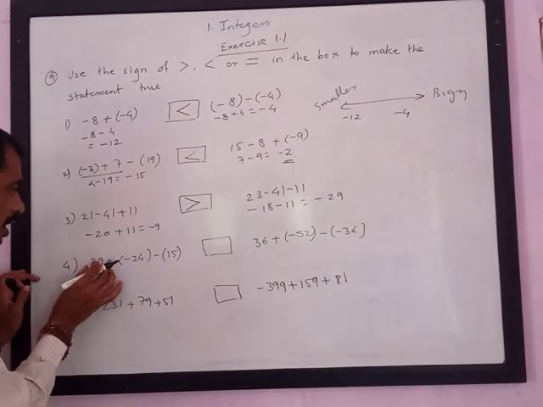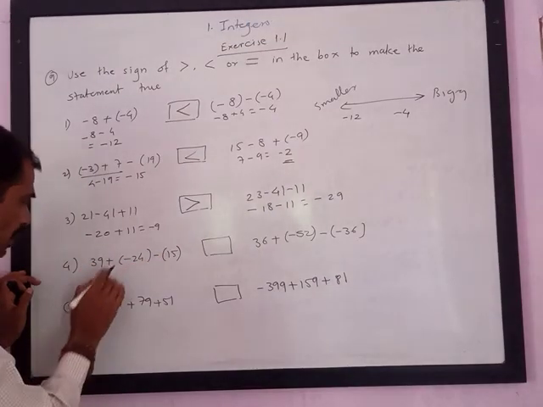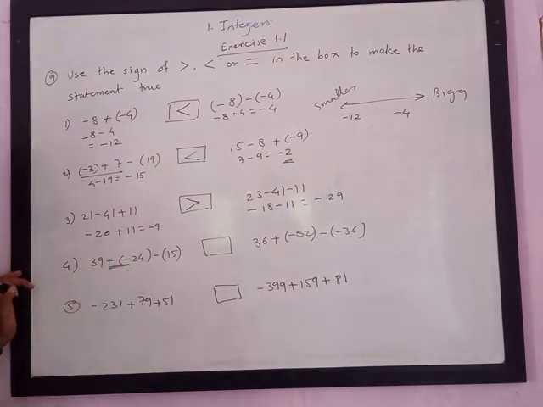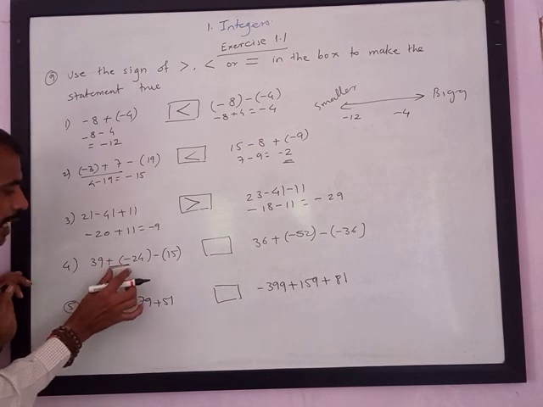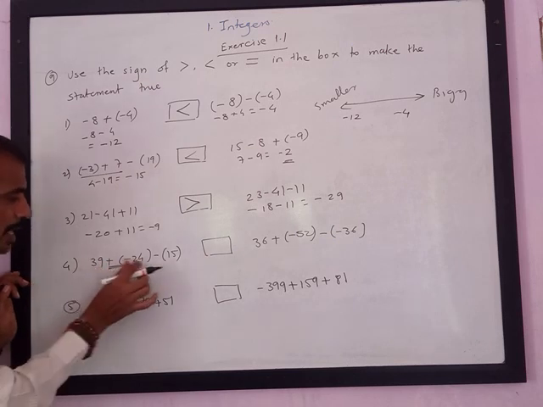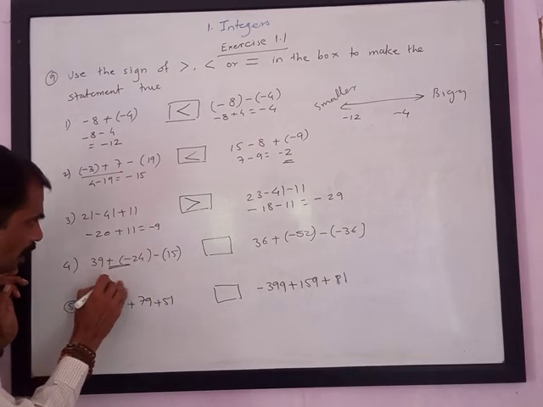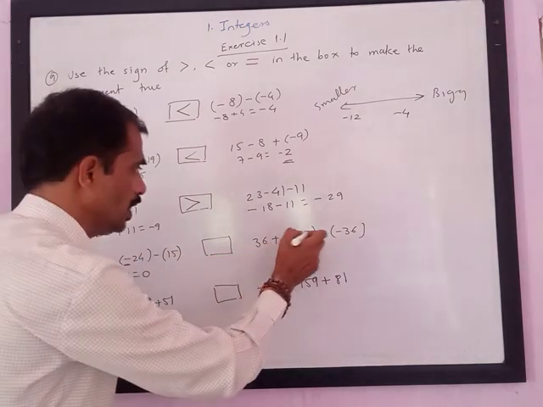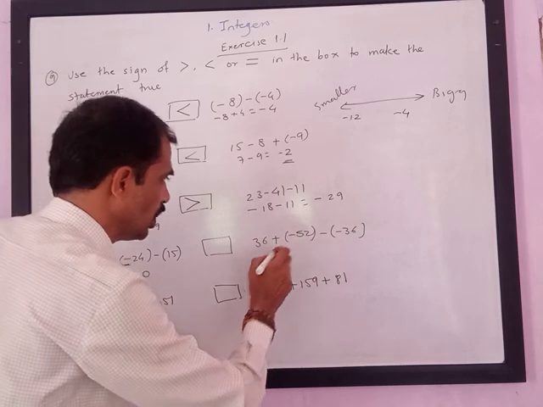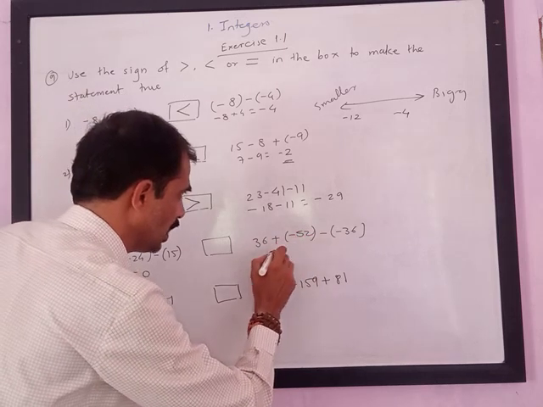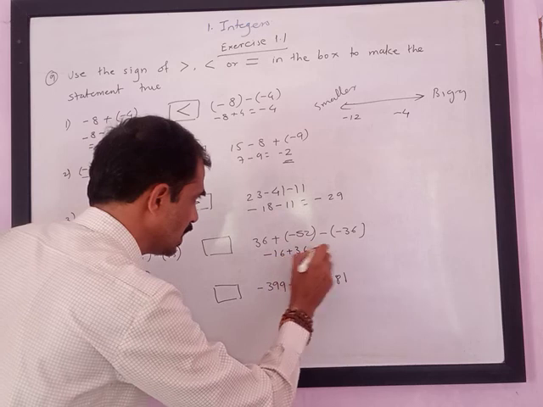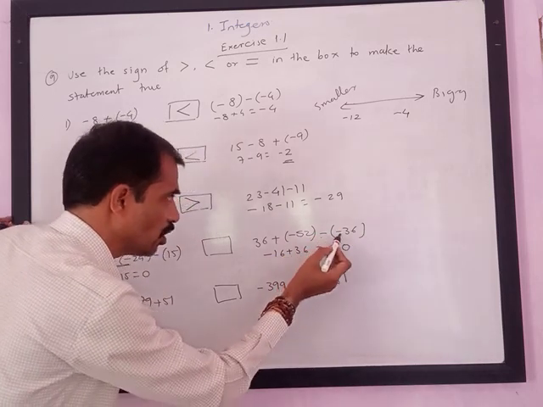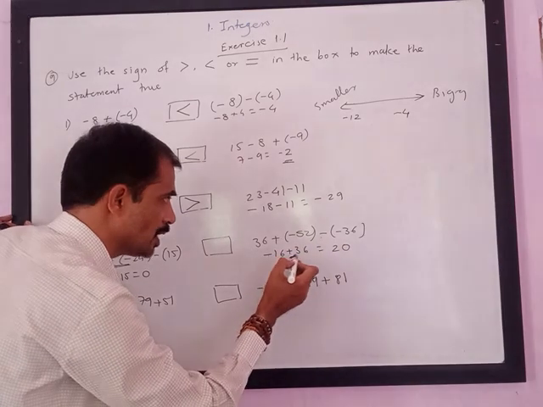Then next is 39 minus 24 minus 15. So here plus minus operation is there. We have to do the negative operation. Plus into minus is minus. So this is negative operation. 39 minus 24 is 15, minus 15, that is equal to 0. And this is equal to 36 minus 52, which is negative 16 plus 36, that is equal to 20. Please note here, negative operation becomes plus, so this becomes plus 36.